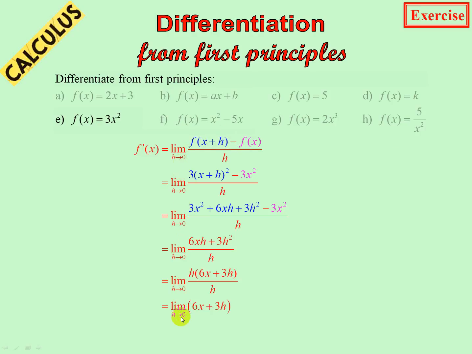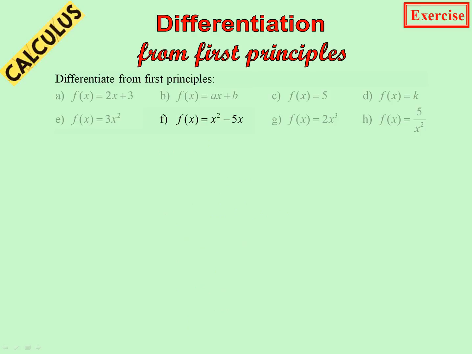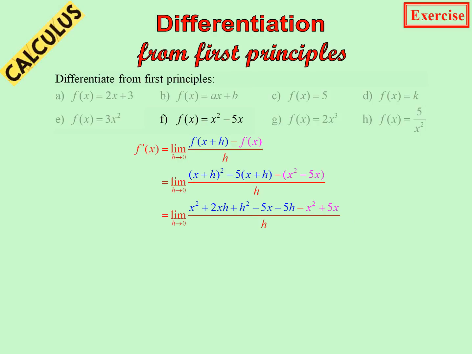Limit h tends to 0 all the way down because we have not substituted yet. Now we substituted. In this one, the blues are going to have two terms, x plus h all squared minus 5 times x plus h. There's an x squared without an h. There's a minus 5x without an h. They have terms to cancel them out.